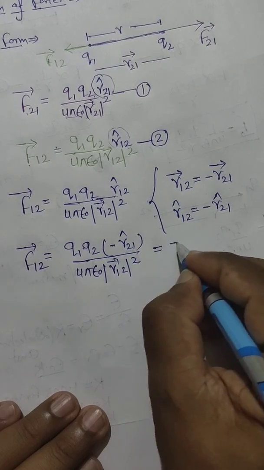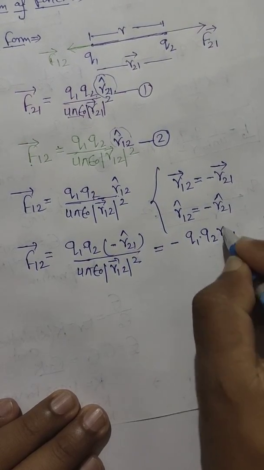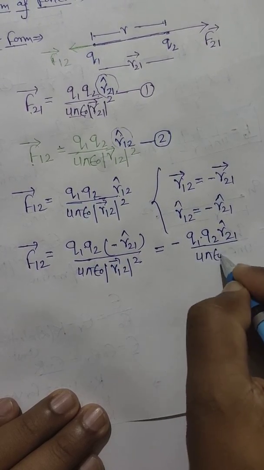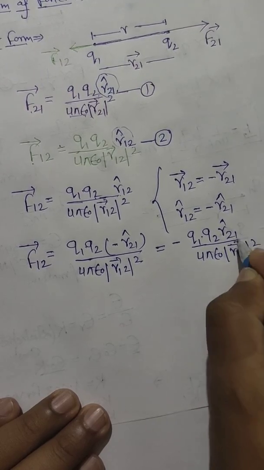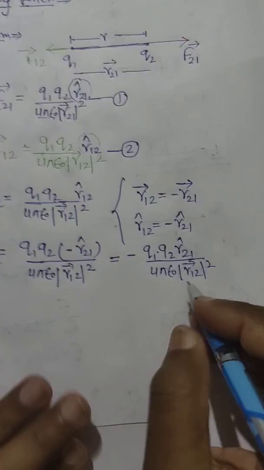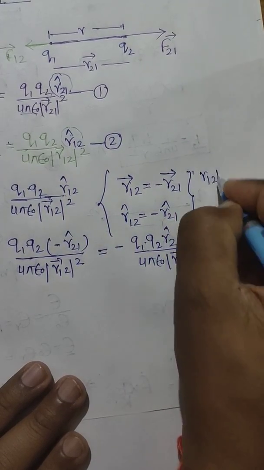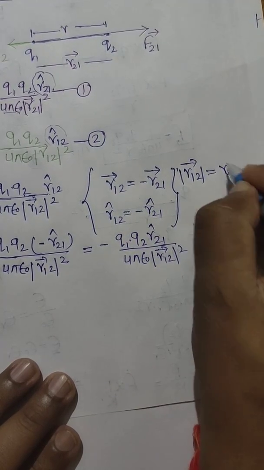So we can write minus Q1 Q2 R21 cap upon 4 pi epsilon naught R12 mode. One thing, mode of R12 is equal to mode of R21.